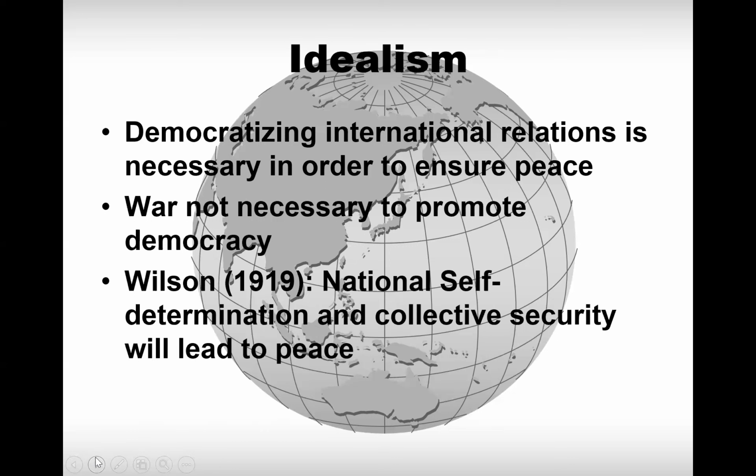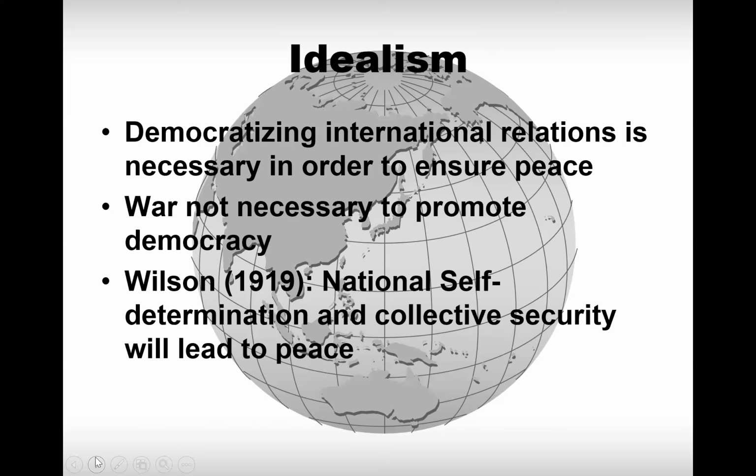Now, idealism can be traced back really to the foundations of the discipline of international relations in the Treaty of Versailles, the Peace of Versailles in 1919. And the key architect of the Peace of Versailles was the US President Woodrow Wilson.